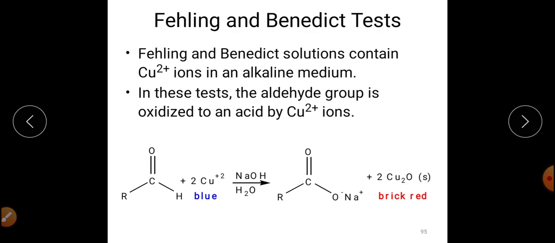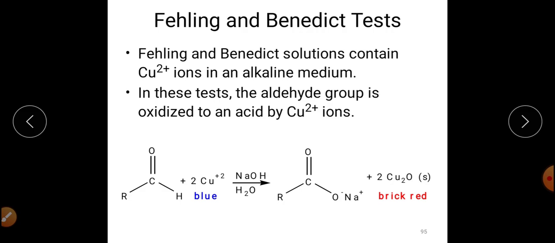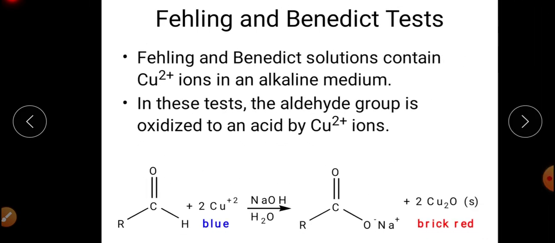A similar test is also used with Benedict solution. What is Benedict solution? This solution is basically a mixture of copper sulfate, sodium carbonate and sodium citrate. So we have Fehling solution, Tollens reagent and Benedict solution.